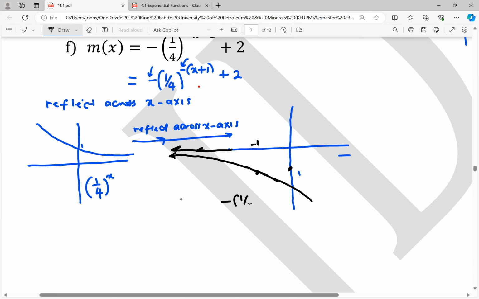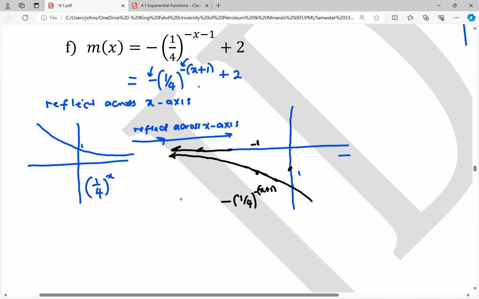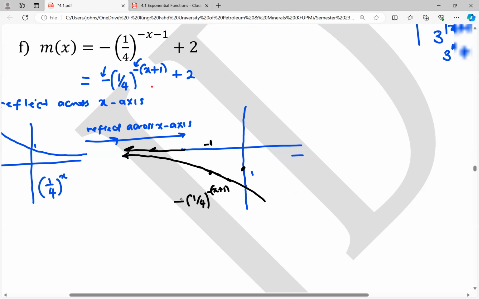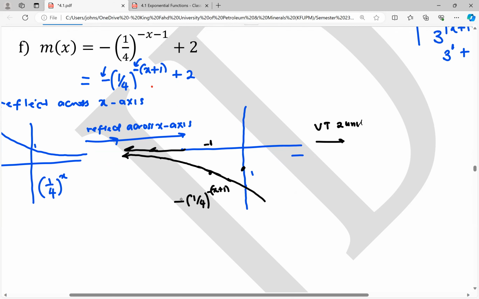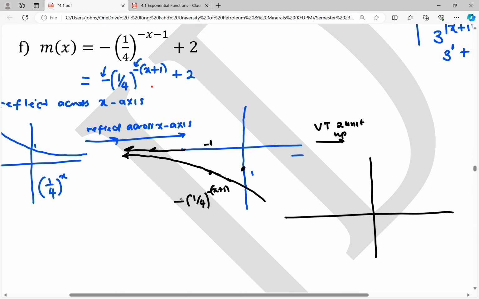So this one now here is minus half, 1 over 2. So this is like plus 1. This is the whole of this. Then now you can just take everything 2 units up. This is a vertical translation 2 units up. And now it will become something like this, 2 units up. Remember this point, what is this point?